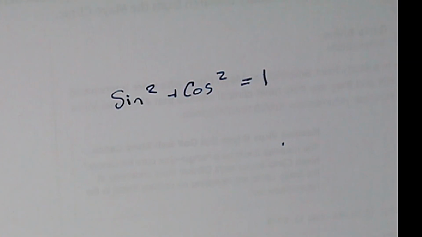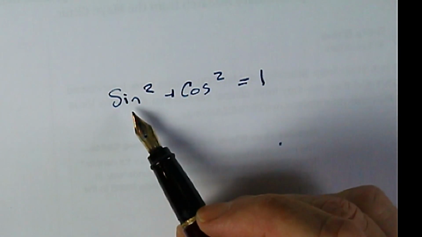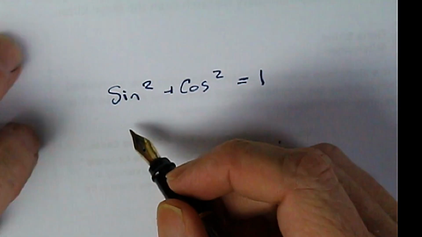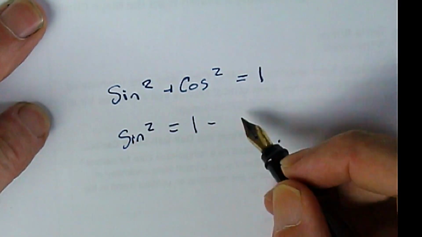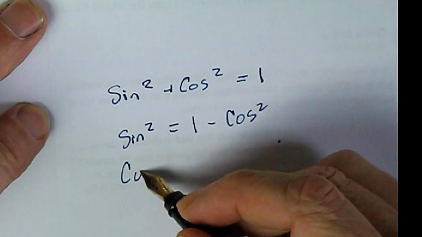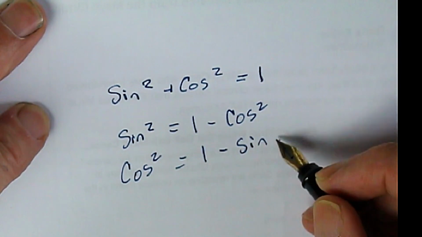All right, let's have a look at the Pythagorean identity for a moment, because this will help us with our next step here. The Pythagorean identity, as you recall, is sine squared plus cosine squared equals 1. Now, rearranging this a little bit, sine squared equals 1 minus cosine squared, and conversely, cosine squared equals 1 minus sine squared.